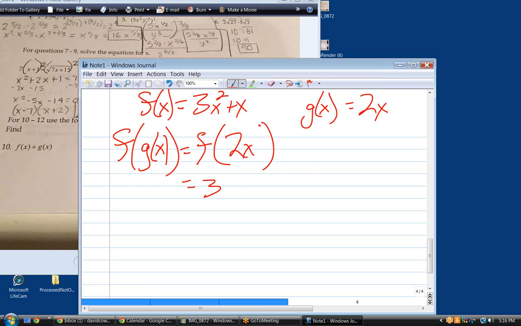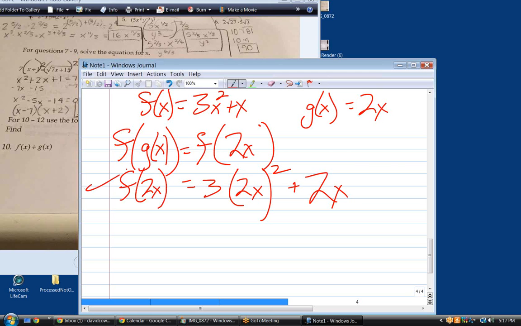Okay. Parentheses 2x, parentheses squared. Is that what you said? Yeah. Okay. Plus what? Plus 2x. Okay. In other words, that's what f of 2x is equal to.